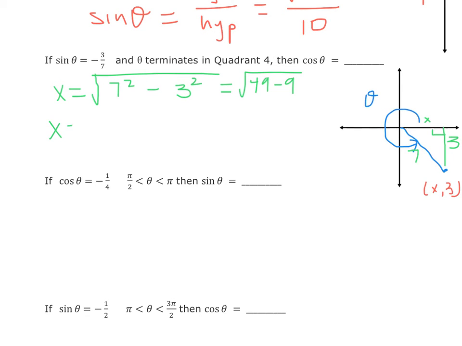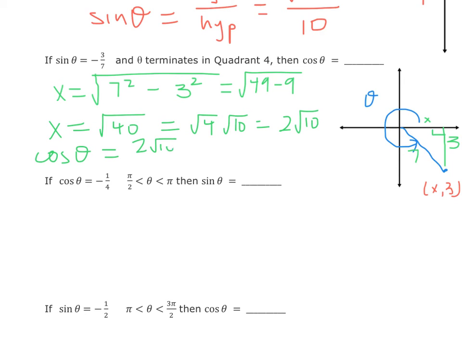So x is equal to the square root of 40, and we can simplify that as square root 4 times square root 10, which simplifies as 2 square root 10. So now cosine theta is that x value that we just found, 2 square root 10, divided by the hypotenuse of 7.